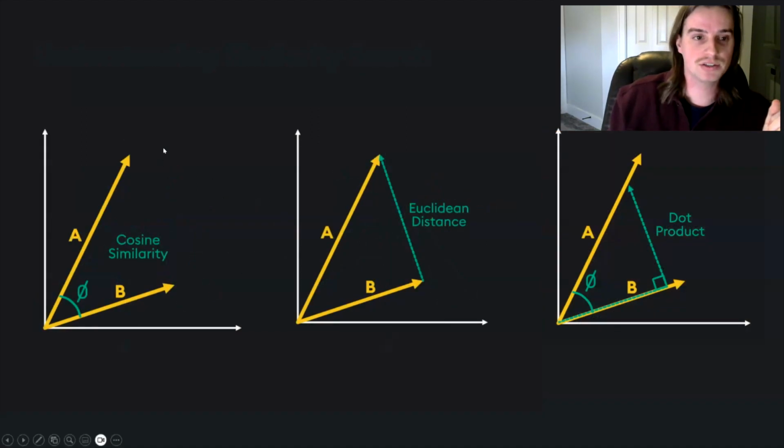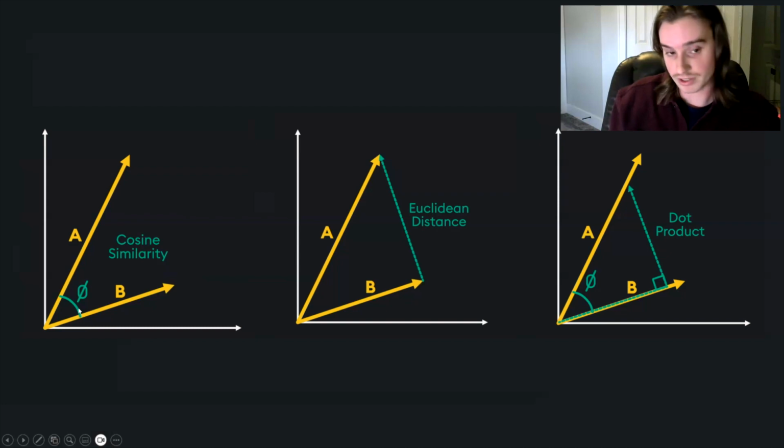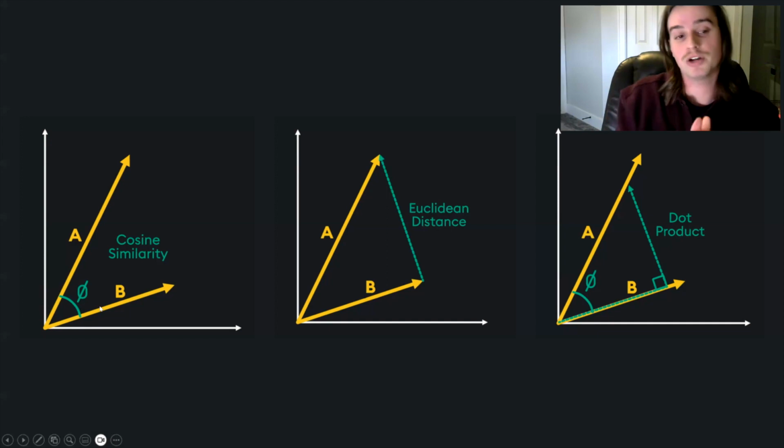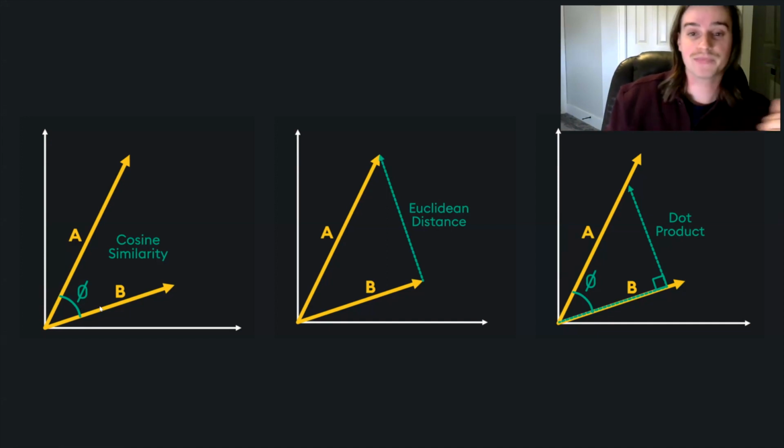And this is just a little explanation of the different similarity methods that we have. Cosine similarity is where you're taking the angle between the two different vectors. So you'd be looking at the angle between the query vector and all the vectors in your vector database. The smaller the angle, the more relevant they are, and the more related they are. Euclidean distance is just looking at the actual distance between vectors.